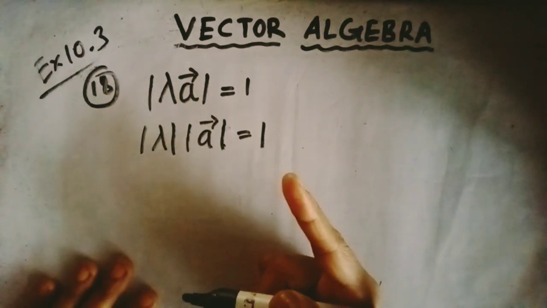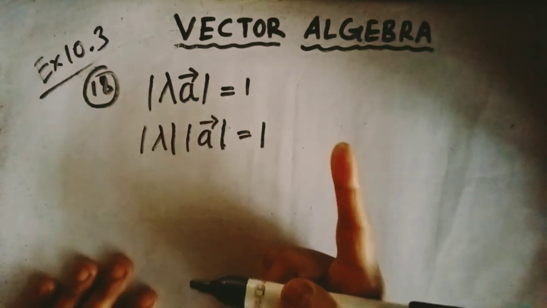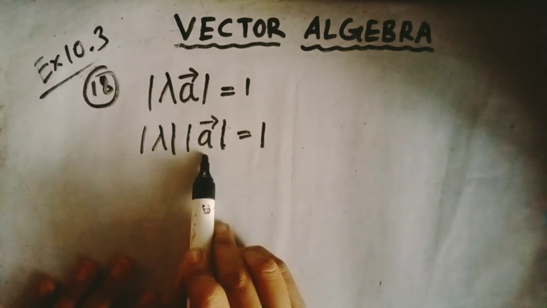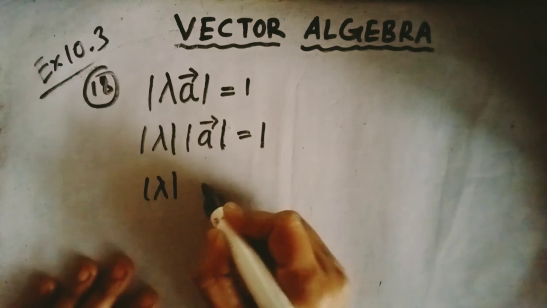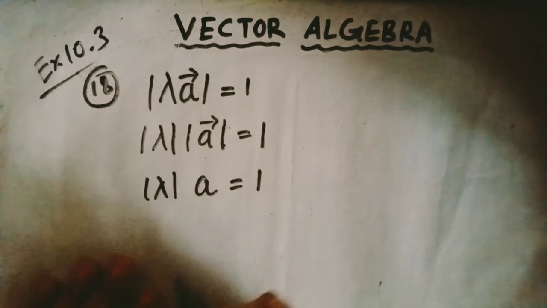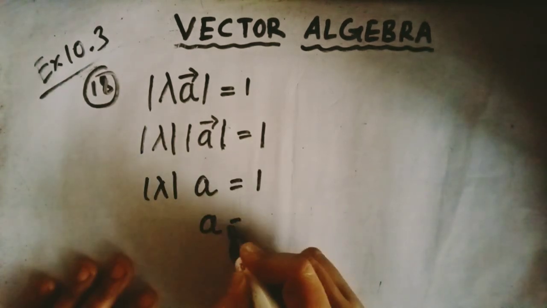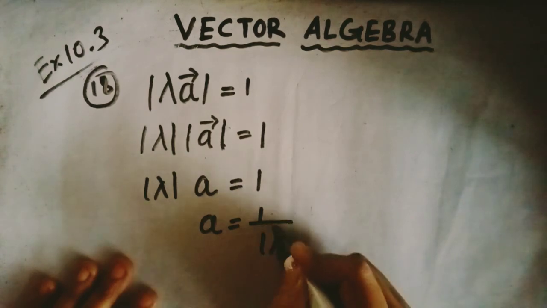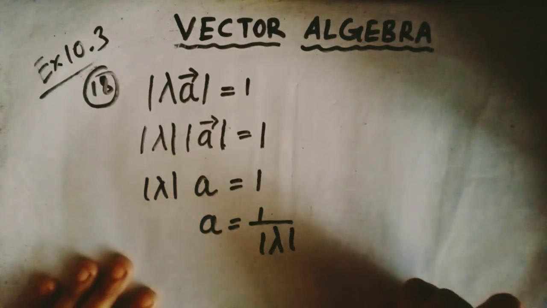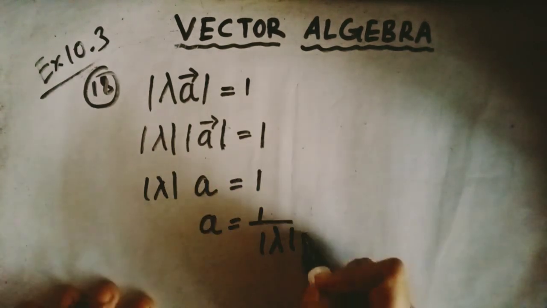And A is a non-zero vector of magnitude A. So A, magnitude you can write A. Okay, so A becomes your 1 upon mod of lambda. So your option D is correct.